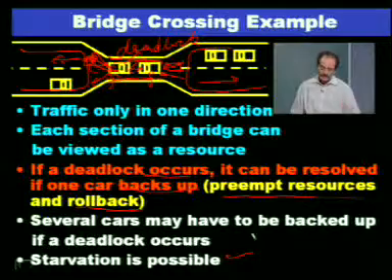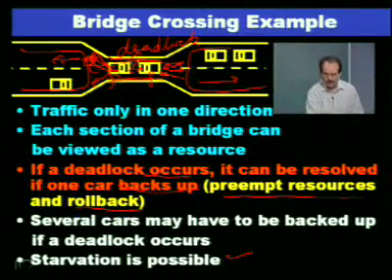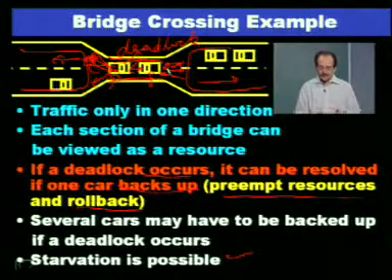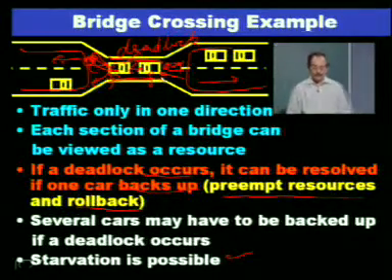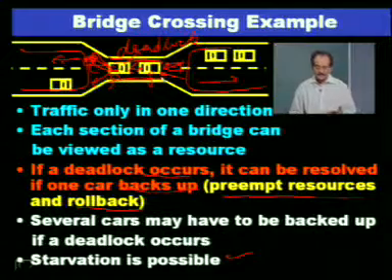Okay, it is waiting for this resource, which we call a bridge, to be free, so that he can pass through this particular bridge over there. So, this is the problem which we call the deadlock problem.